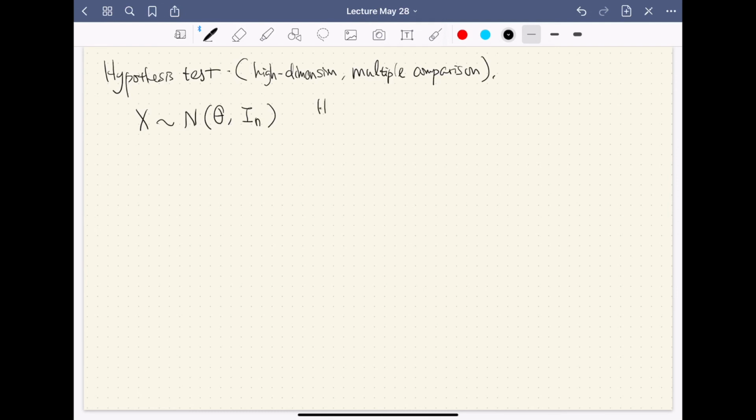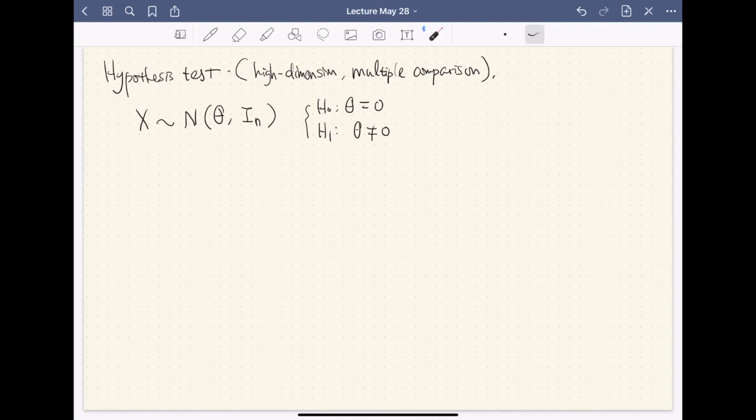Let's say we want to test the null hypothesis theta equals 0 against the alternative that theta is not 0. How do we rigorously study this hypothesis?